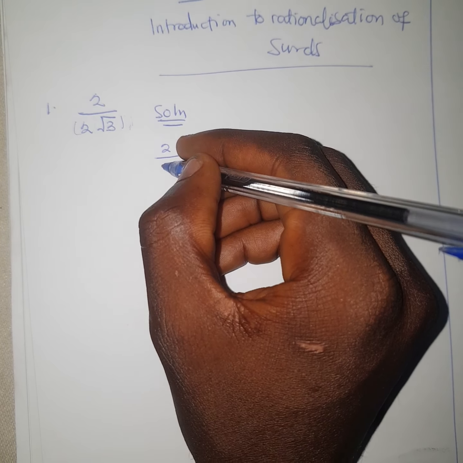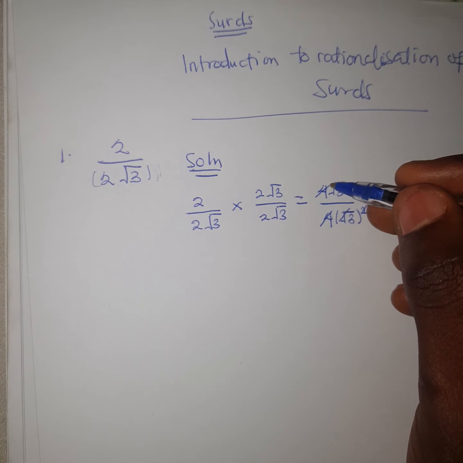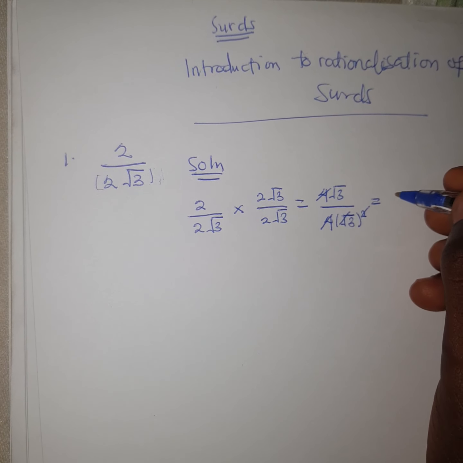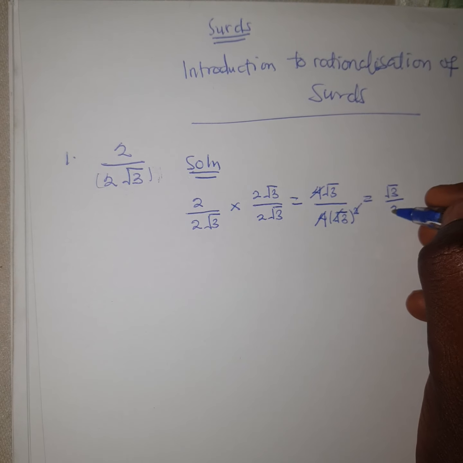Okay, so this will give us 4 root 3 all over 4 root 3 squared, and so the square will cancel the root sign. The 4 at the bottom will cancel the 4 at the top, and so we're going to get root 3 over 3.